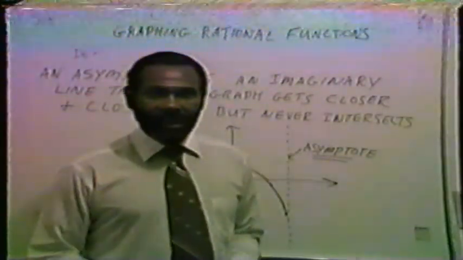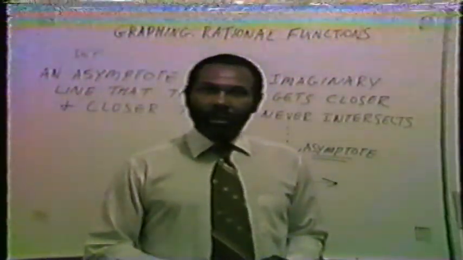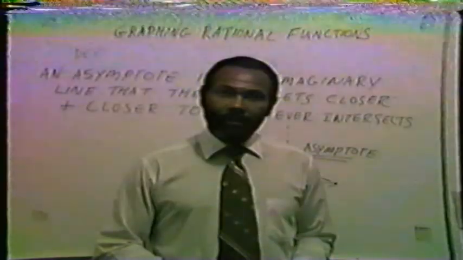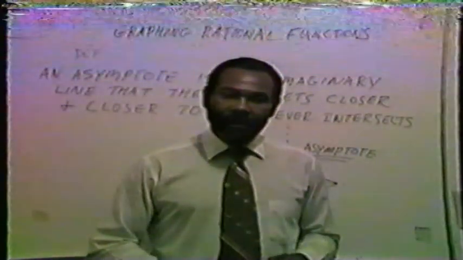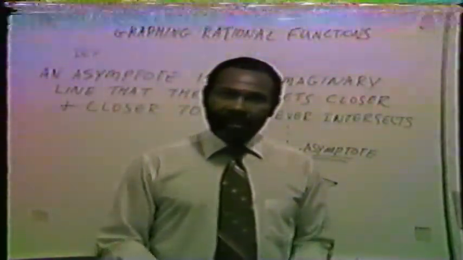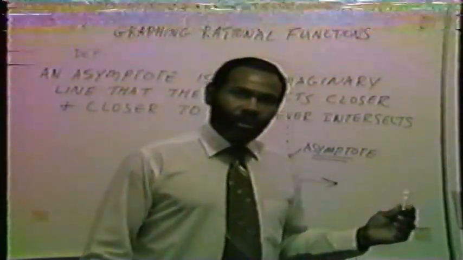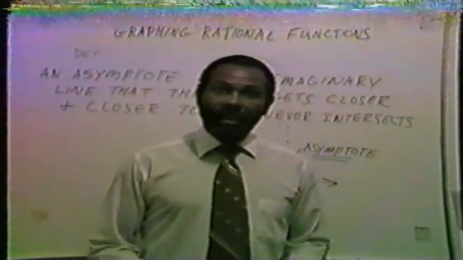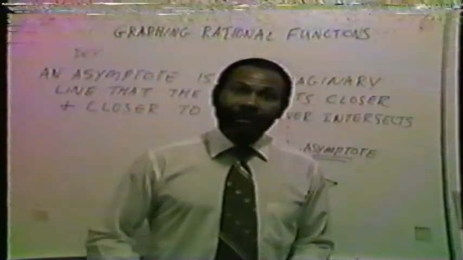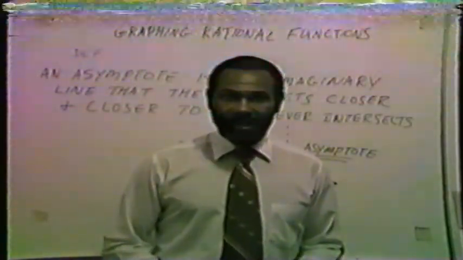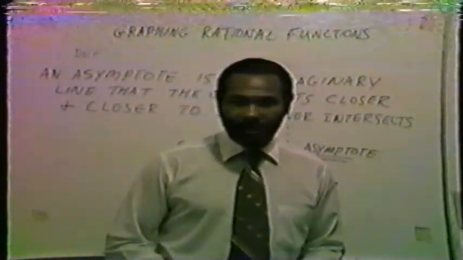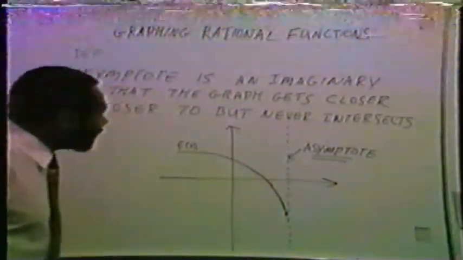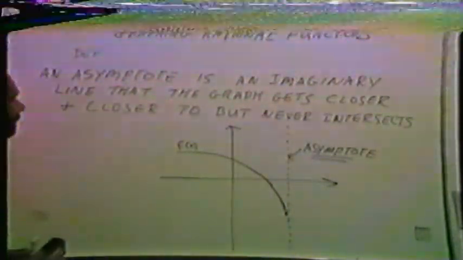So feel free to look at that telecourse tape if you would like to study more advanced graphing of rational functions. But once again, as a class, we'll just be concerned with graphing rational functions that have horizontal and vertical asymptotes, not the ones that have oblique asymptotes.